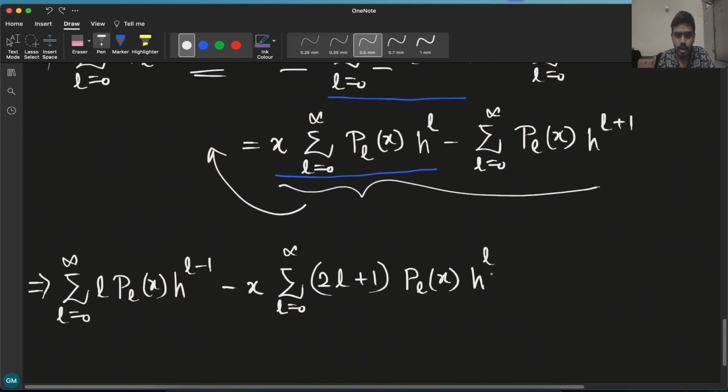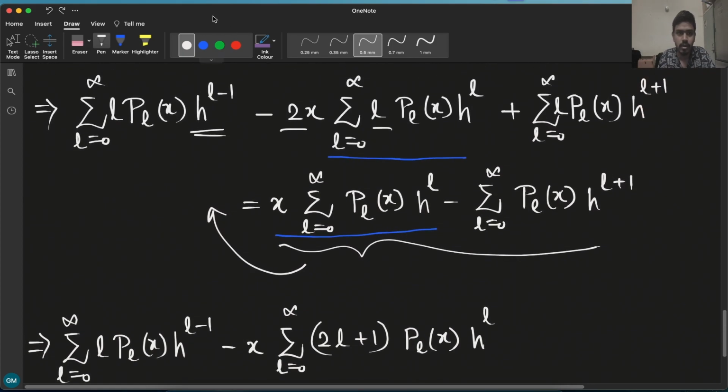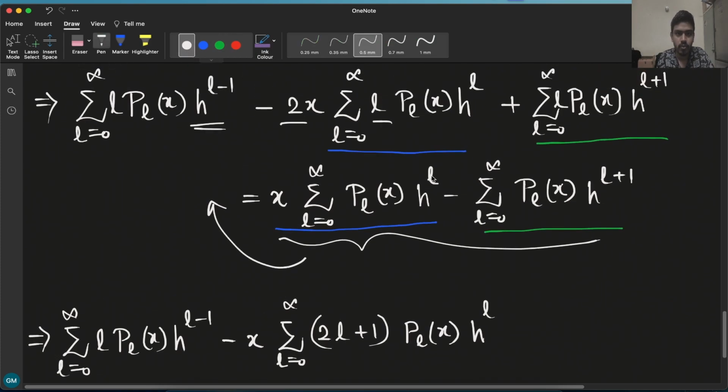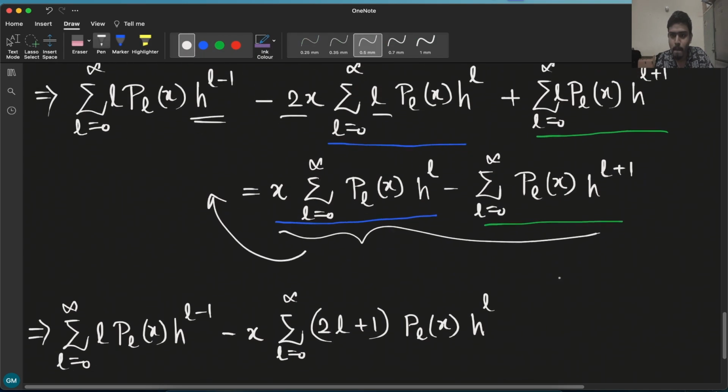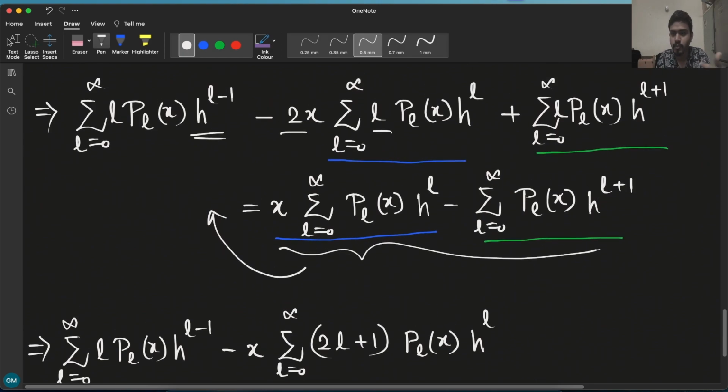And now these two terms, I will take from the right hand side to the left hand side, and I will put them together in the same bracket, because in both of the terms h has a power of l plus 1.